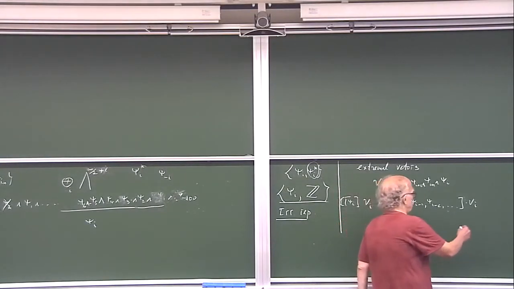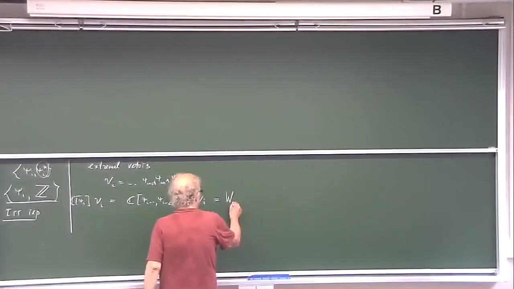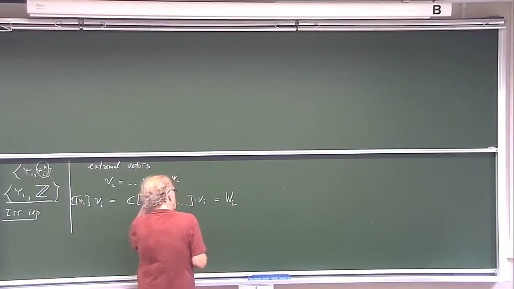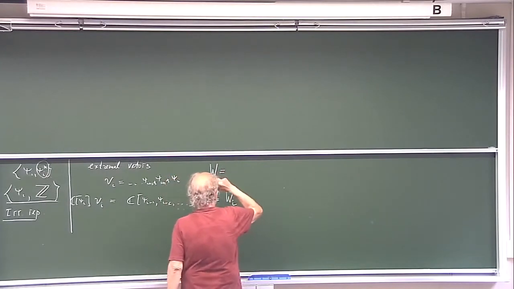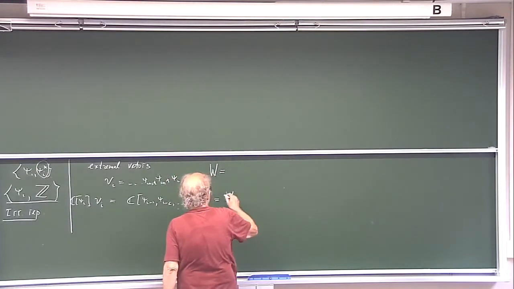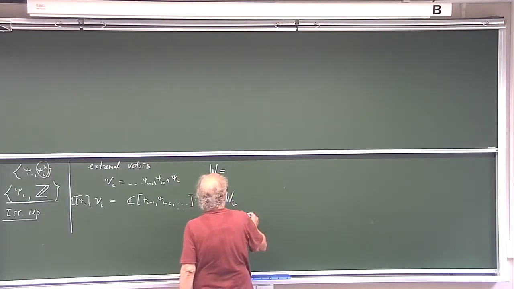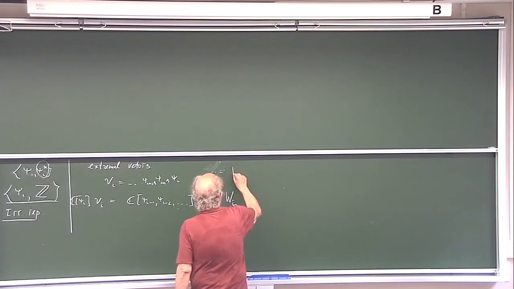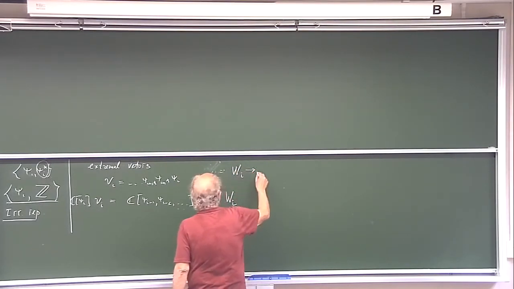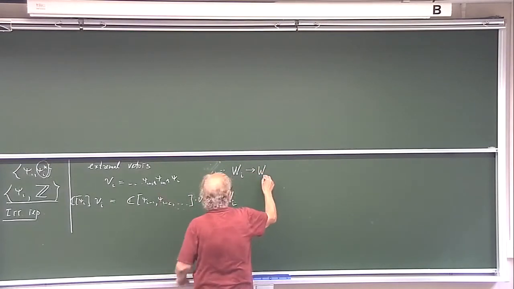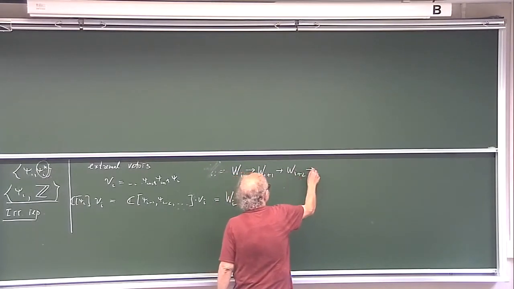And if we denote this space by, say, Wi, then we have an embedding: Wi can be embedded into W, in my notation I plus 1, then Wi plus 2, and so on.